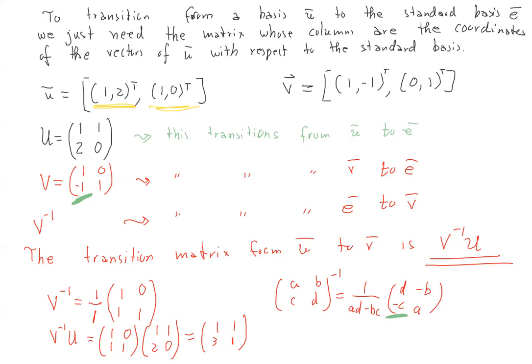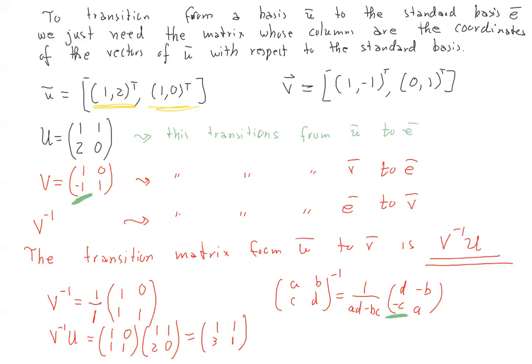Questions, please. The bottom row is 3, 1. So 1, 1 on the top and 3, 1 on the bottom.